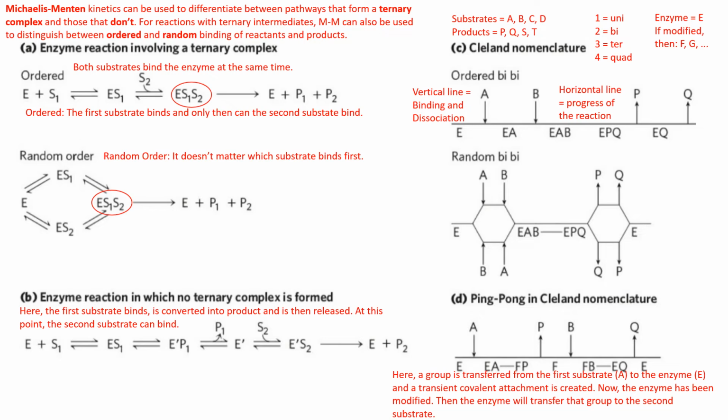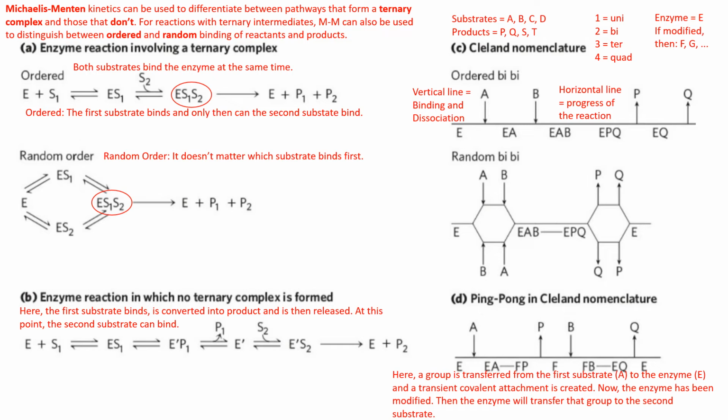So for the random bi-bi, again, the horizontal line is the progress of the reaction. You start off with the enzyme by itself, and then you have the first substrate coming in and the second substrate coming in. Over here, second substrate.